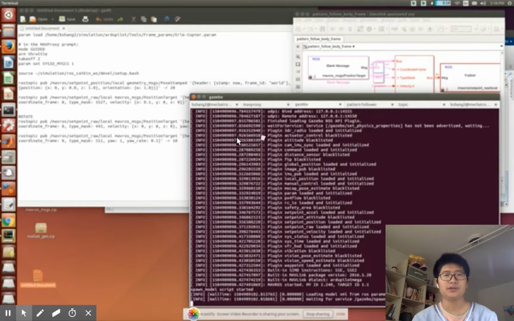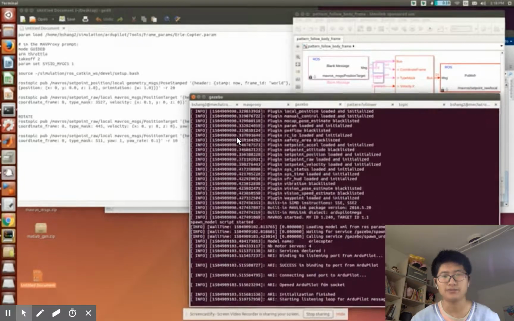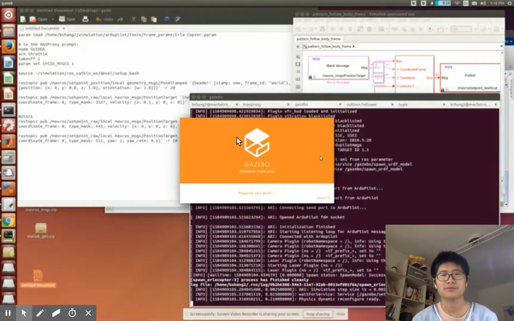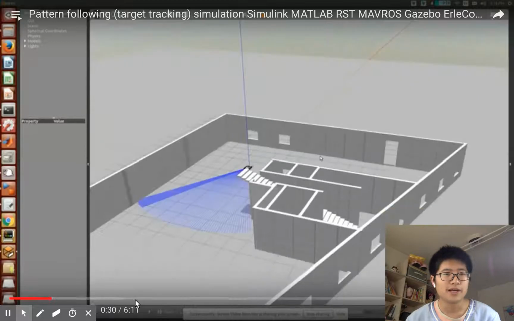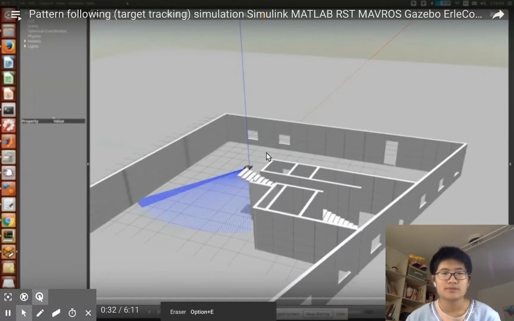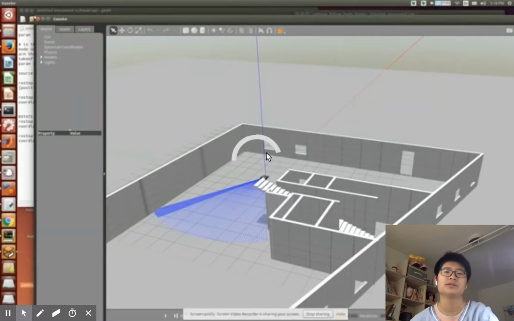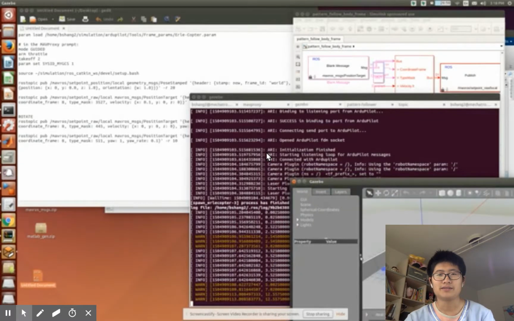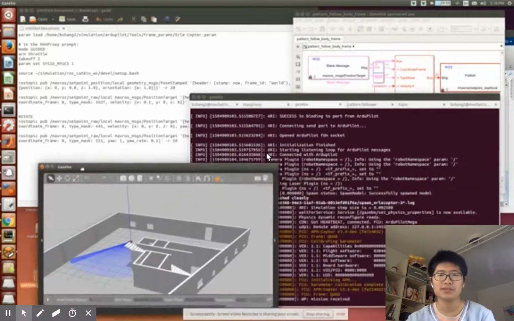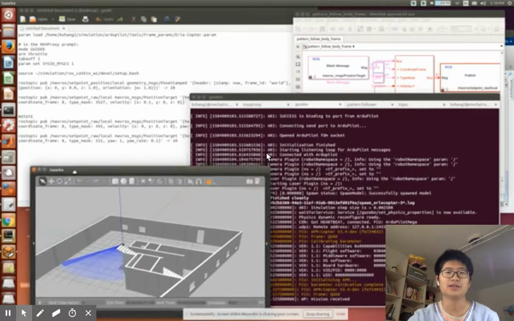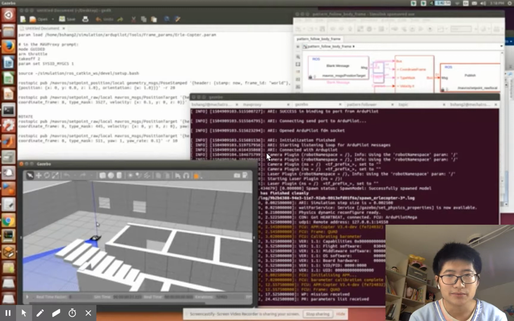So if we prepare a controller that can support the MAVLink message, that means we can interact with that drone in Gazebo. So we prepared a Simulink model that can read the MAVLink message from the drone in Gazebo, and we can get the image processing result from the Gazebo.